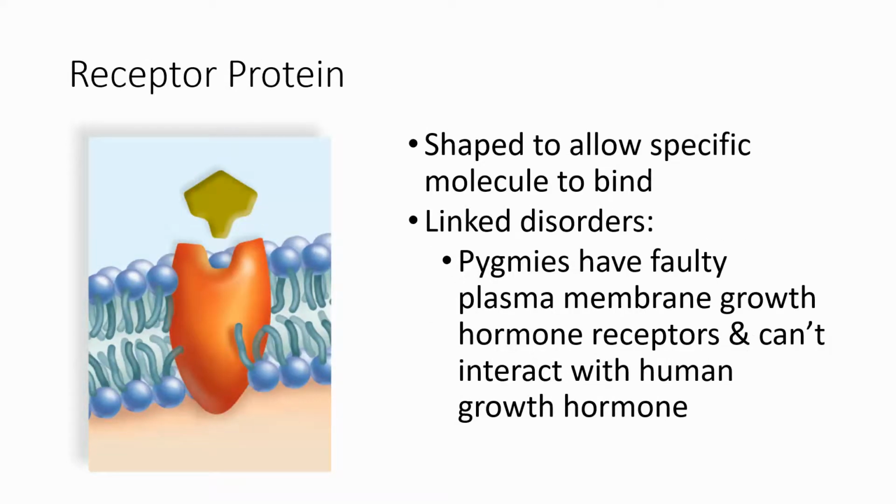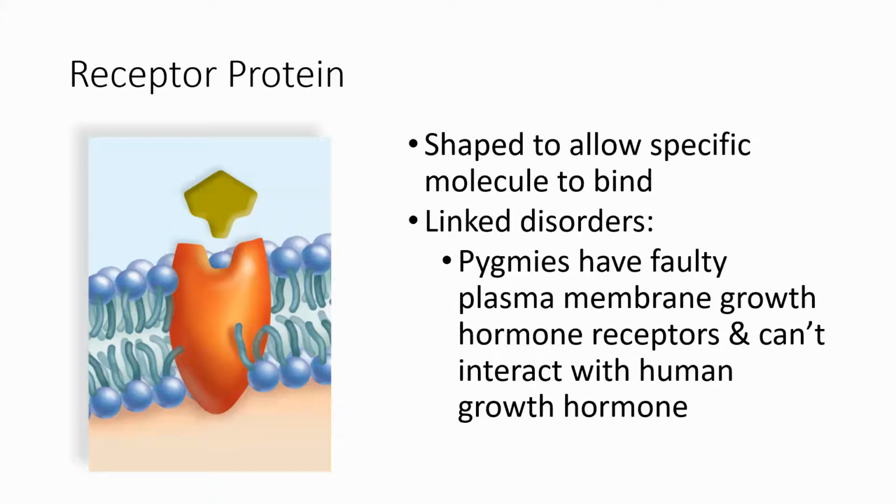There are receptor proteins. They will link to a specific molecule, and then they will send a signal to the inside of the cell. A linked disorder: people who are pygmies don't grow quite as tall. It's different from dwarfism, but they have plasma membrane growth hormone receptors that will not interact with human growth hormone.